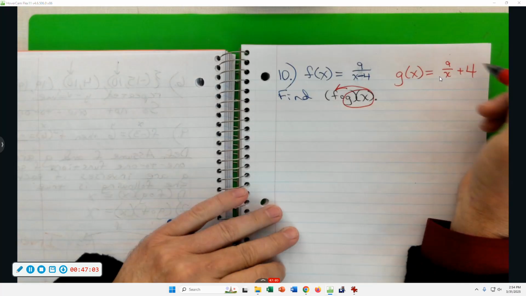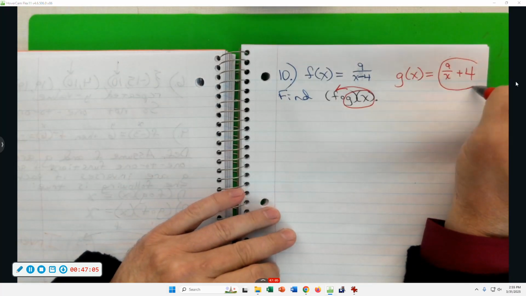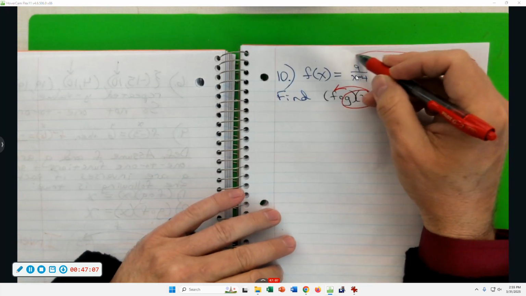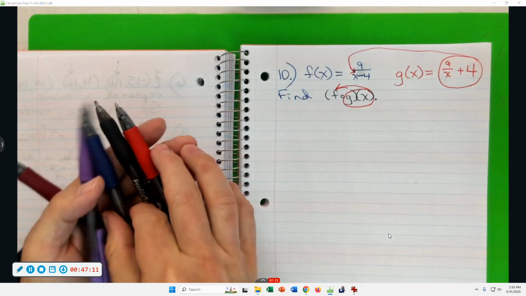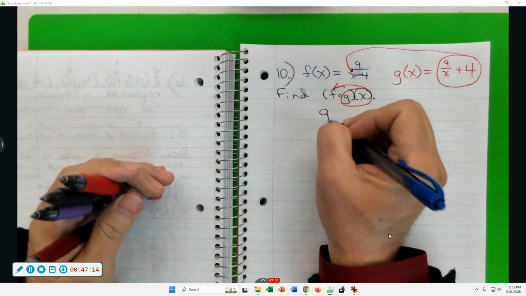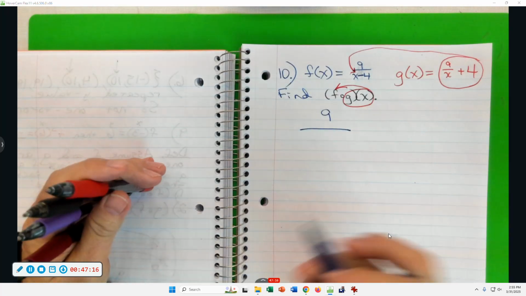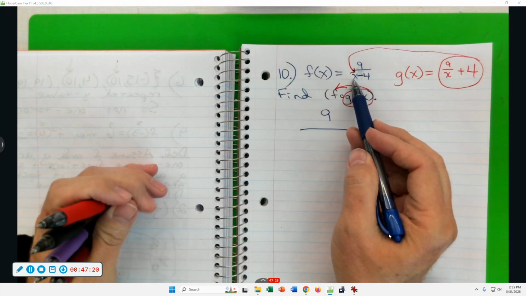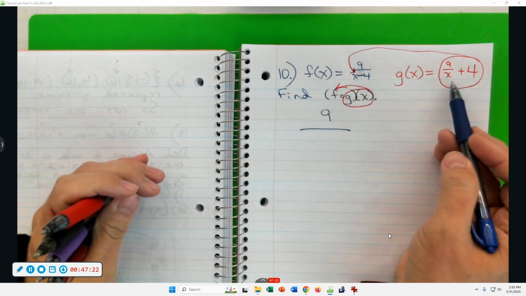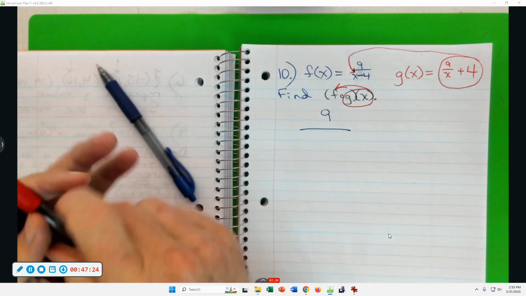So we're going to take g of x and plug it in to f where there's an x. So we're going to have a 9 all over, in place of that little x, what am I going to have? The red stuff, 9 over x plus 4.